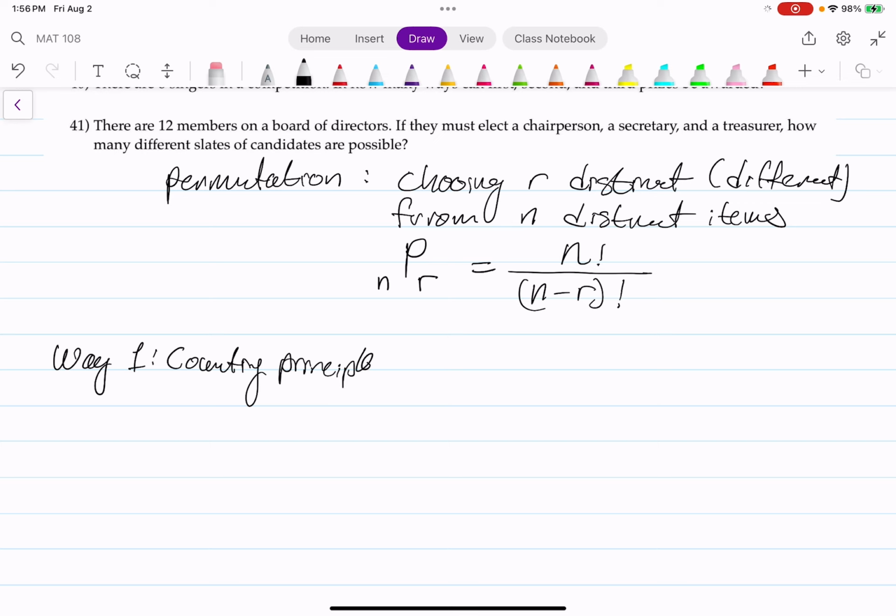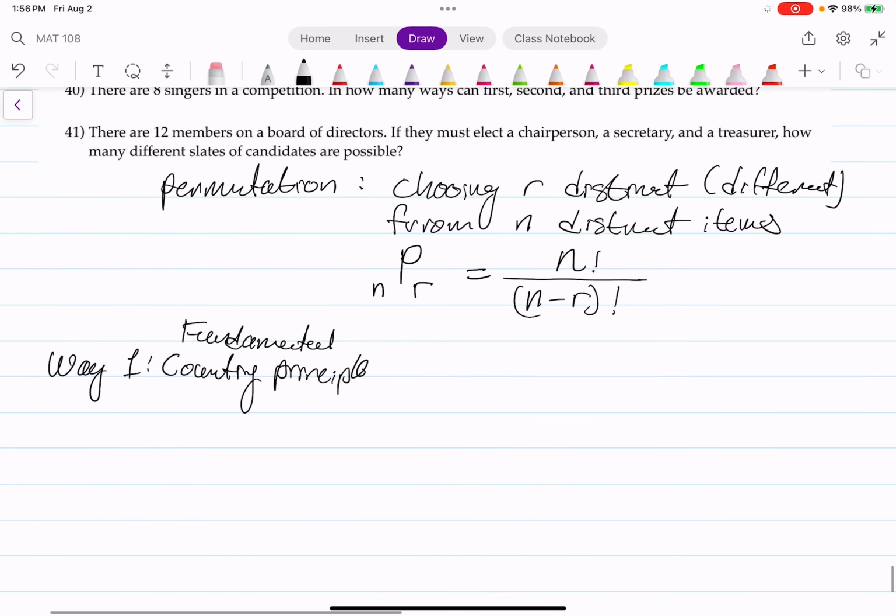We have 3 prizes: first place, second place, and third place.